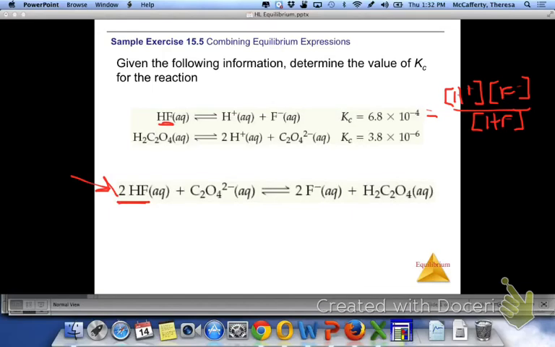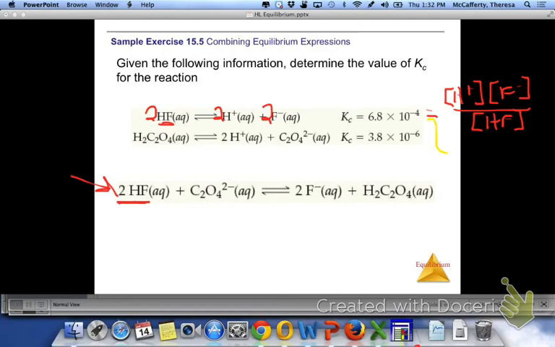Did I have to do anything to that first equation so that it kind of matches what the overall is? I have to multiply it by 2. Okay? So I have to multiply this equation by 2, so that when I add them together, I can get at least the 2HF. Now, when I do that, what does my Kc now become?